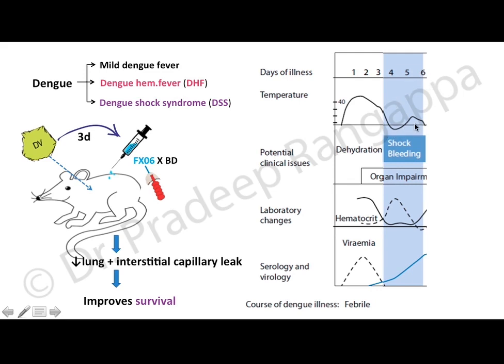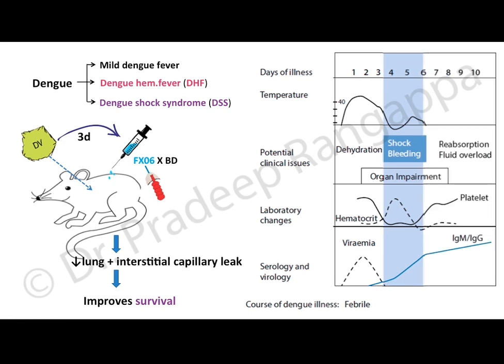Generally you would agree, any patient coming to ICU with multi-organ involvement or in a severe stage seldom has temperature. Temperature comes to baseline, but that is when they are in shock, and that is when they may be bleeding. That is when you see the hematocrit rising and all the lab abnormalities. Viremia is usually down at that phase, because viremia is maximum in the first 3 days.